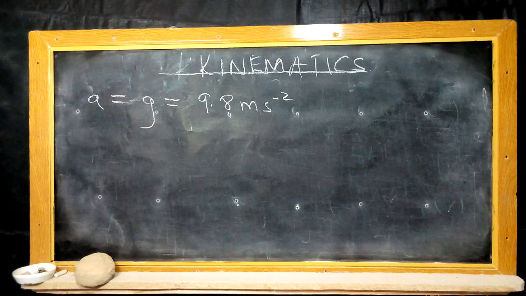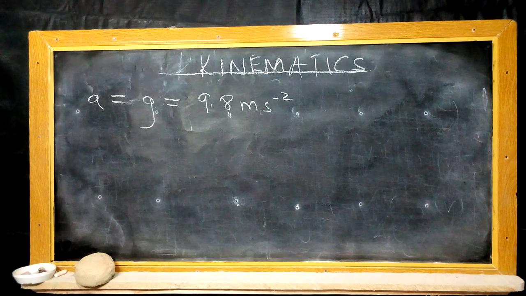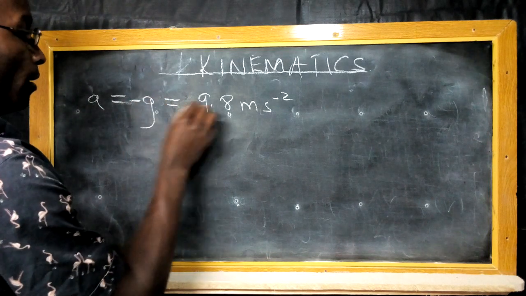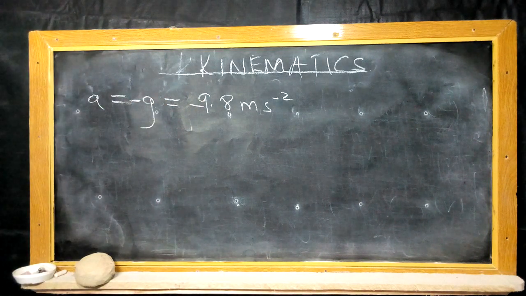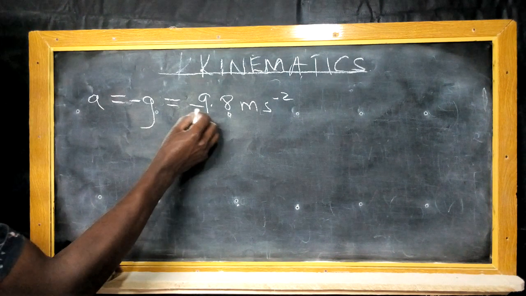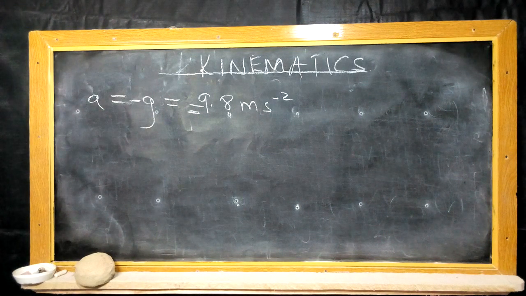Of course, this acceleration vector is the same on the way up, at the top, and from the top down. So normally we just denote acceleration by giving it a negative value, and that does not imply that it's a negative quantity, but the interpretation is that the velocity decreases by that quantity, that is 9.8 meters per second each second, meaning that velocity is becoming less positive or more negative when we use this sign form, that negative sign.